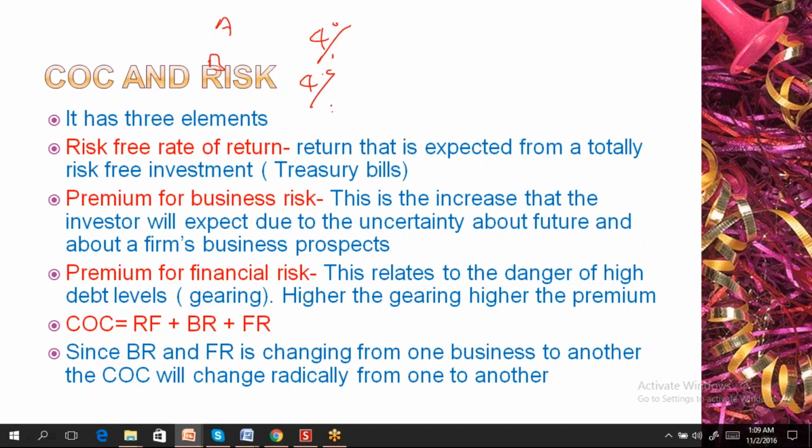So you might decide to invest in a pharmaceutical business. It carries a risk. Because of the risk involved, you will expect a return more than the risk-free rate, at 3%.